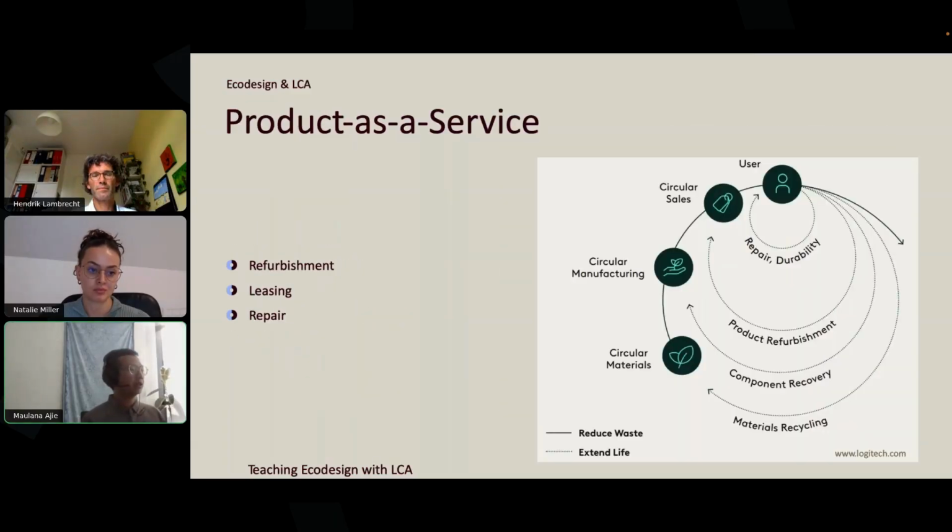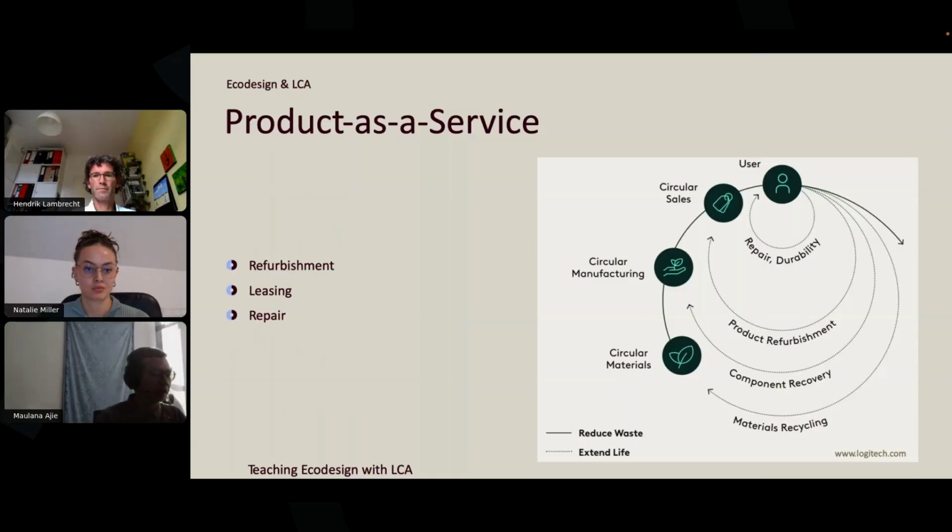One aspect of eco-design, for instance, which I bring to the class that I teach is that when we talk about function, it means not only calculating the impact of one product, but what we get at the end of its use.